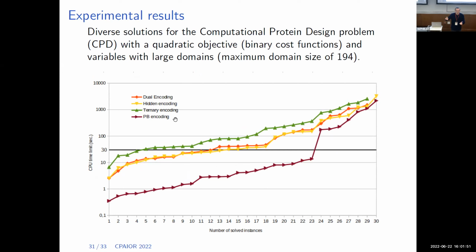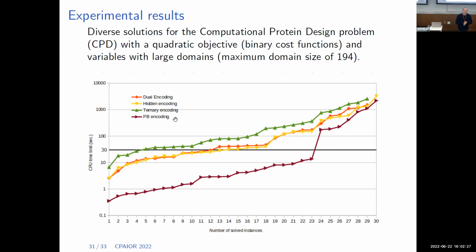So when there are no pseudo-Boolean constraints, our algorithm just isn't used. And before, it was not possible to model linear constraints in a WCSP, so it wasn't possible to solve the problems with linear constraints. So that's the difference. And for the CPDs, the only difference is that a typical constraint was encoded using the pseudo-Boolean constraint or the previous automata-based encoding. And I think there is only one instance where the automata-based encoding was better.